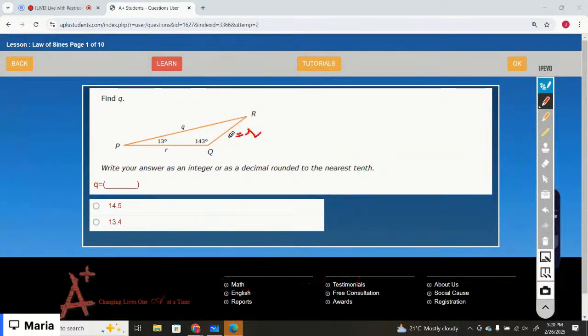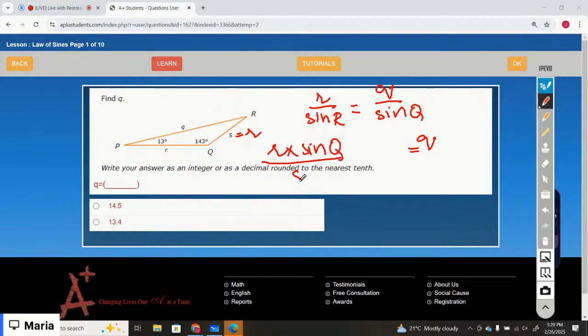The side length r is given. That is r divided by sine r and q divided by sine q. So q is equal to r times sine q divided by sine r. Now just put in the values.